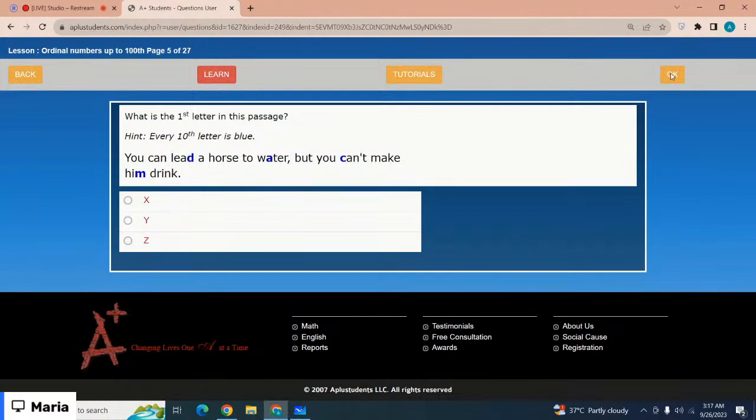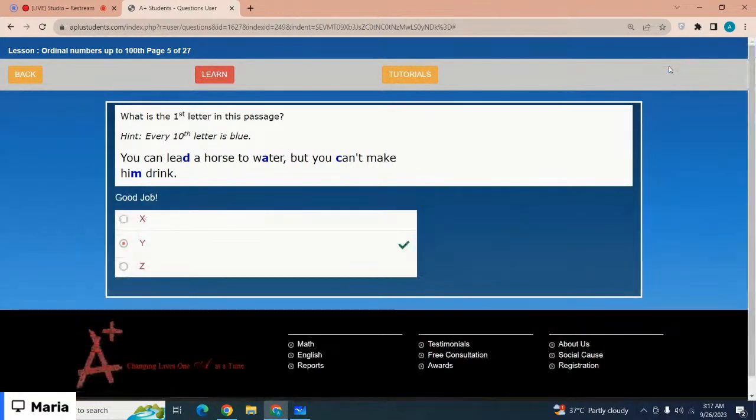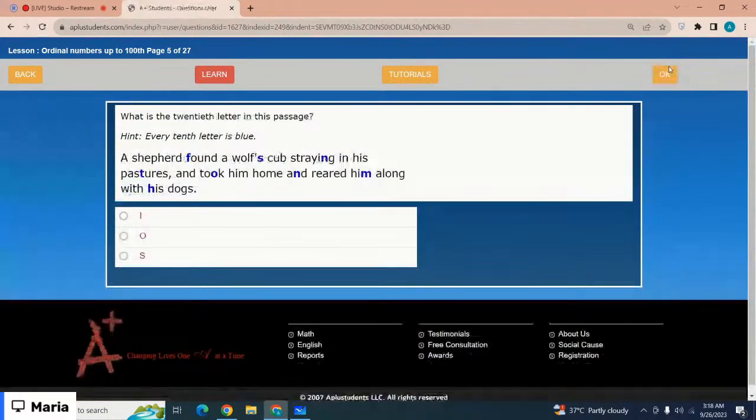What is the first letter in the passage? Which is the correct option? Yes, that would be Y. The first letter is Y. What is the 20th letter in the passage?